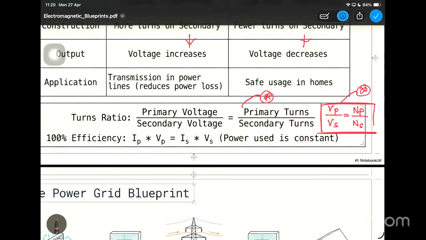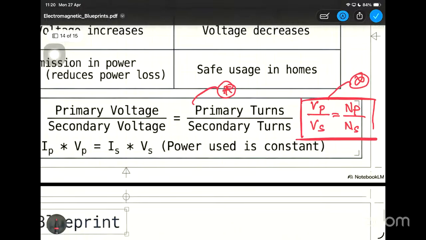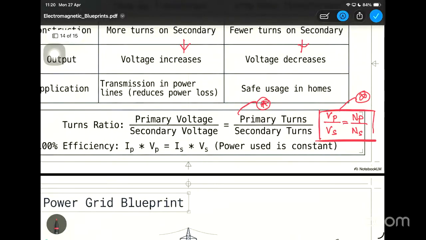Doesn't matter, right? But try to remember and try to write the word equation where possible. In each and every question, if they are asking any sort of relationship, try to write the word equation, because if we are using letters, then depending on the letter, the idea can change.